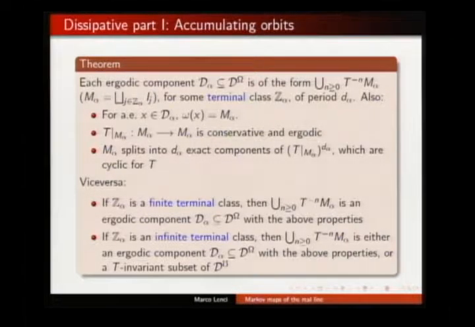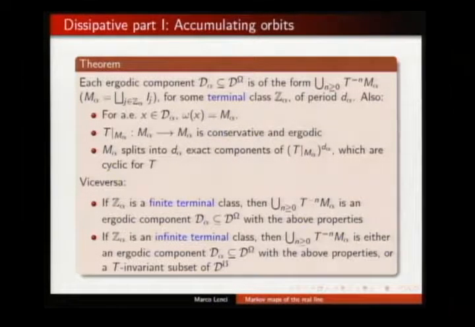But once again, if you have an infinite terminal class, you can be in the same situation as above, or for the same reasons as before, this can also be associated to a T-invariant set within D mo, let's say, the more complicated dissipative part, okay?